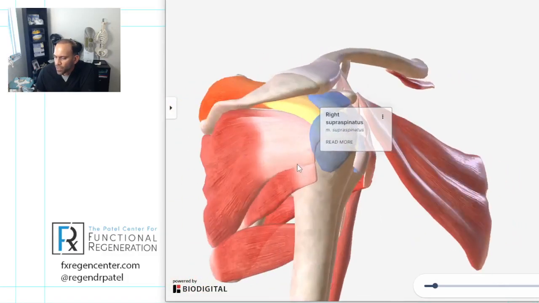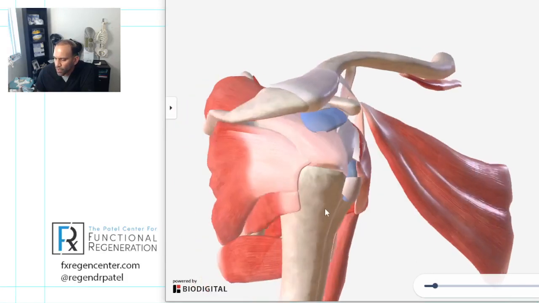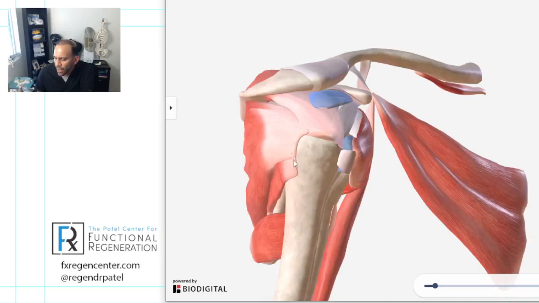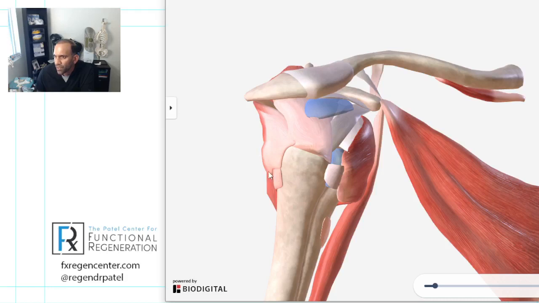And you can see these muscles basically wrap around the ball and socket joint. It's called a rotator cuff because you can see that all of these muscles are pretty much continuous, with the exception of this gap here, like the cuff of our sleeve.